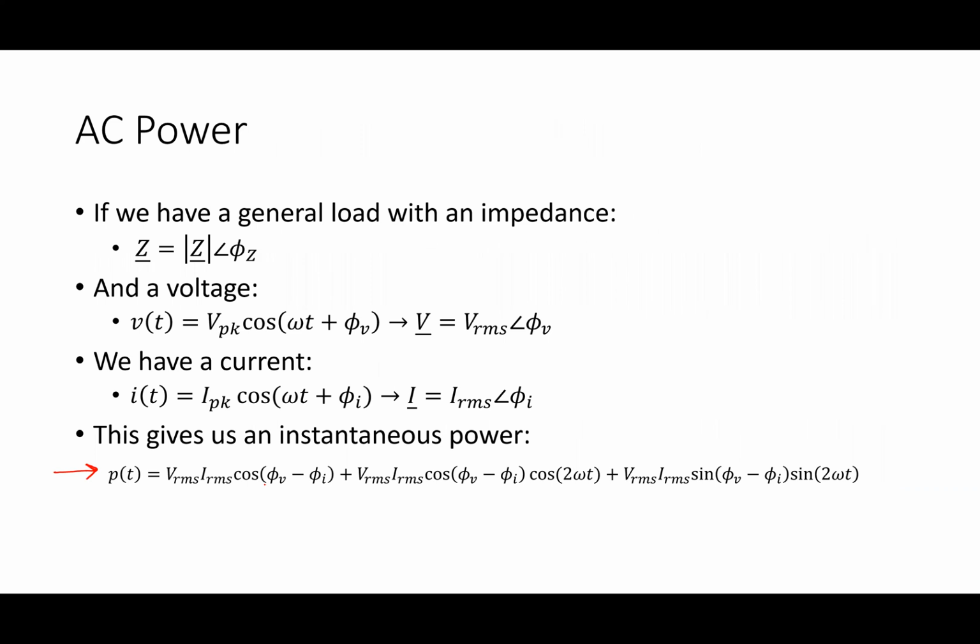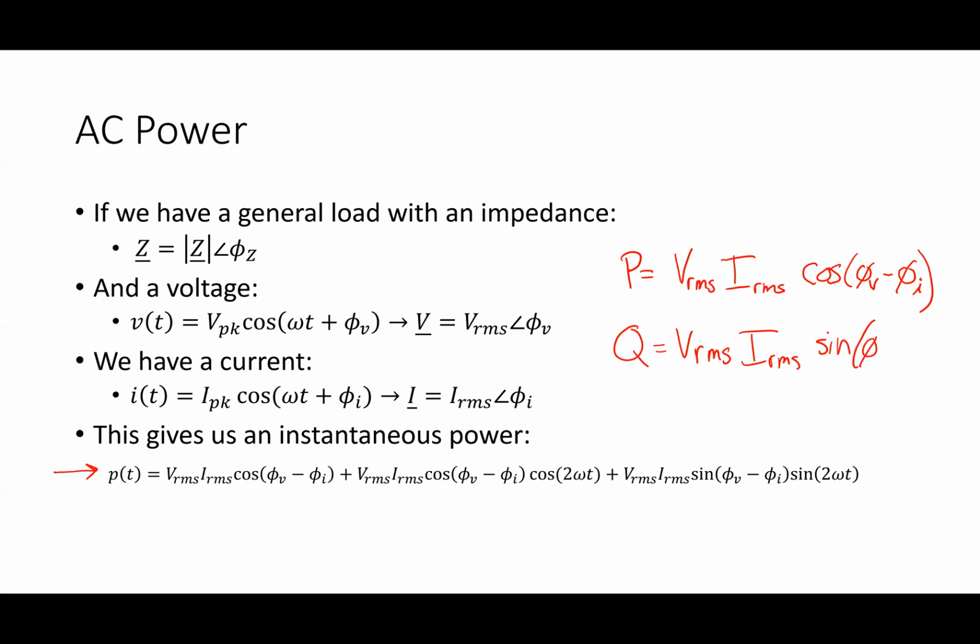And I gave the definition that P is V RMS times I RMS times cosine of phi V minus phi I, and Q equals V RMS times I RMS times sine of phi V minus phi I.